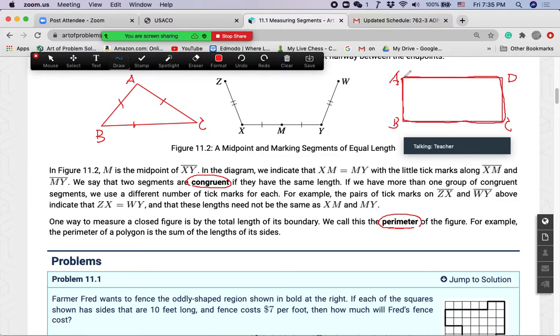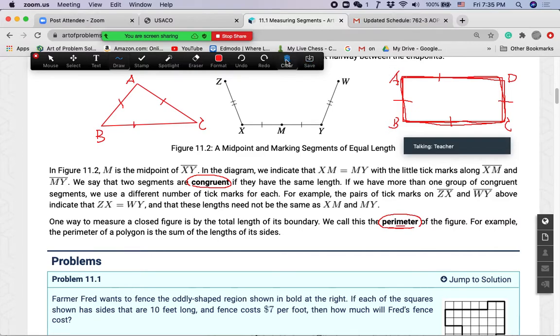Then you can return to the starting point. You can also go clockwise, this way, then you can return to the starting point. So this means it's a closed shape. For any closed shape, you can get the sum of each side, which we call the perimeter.